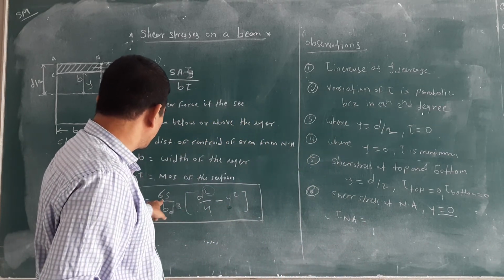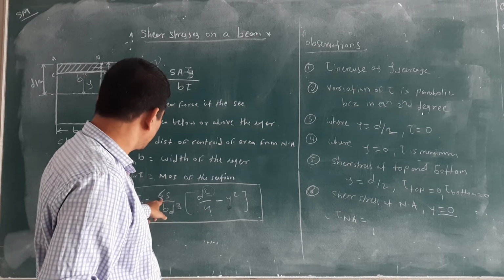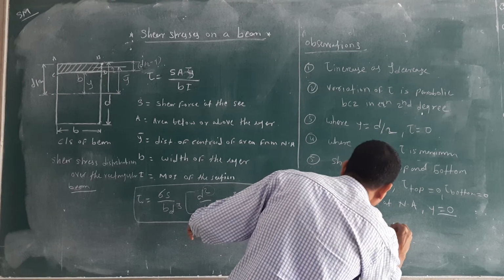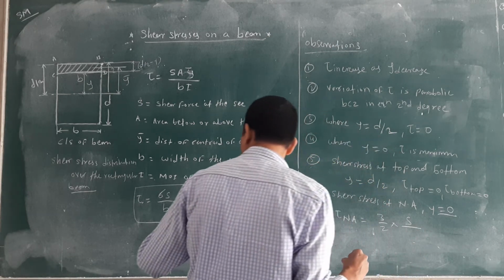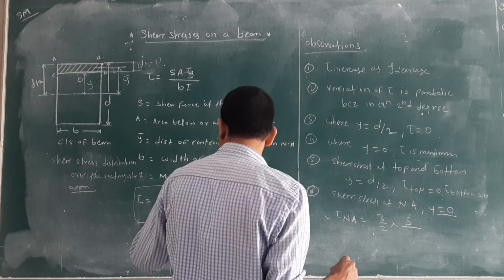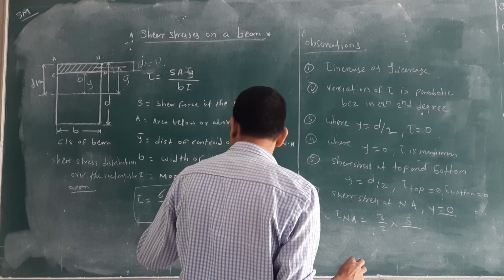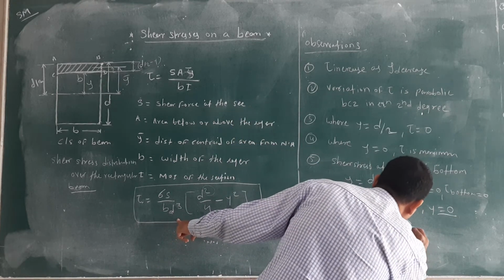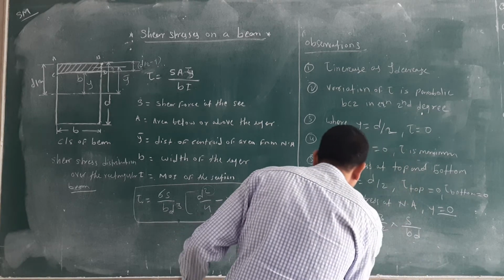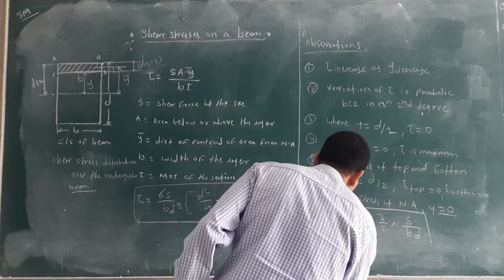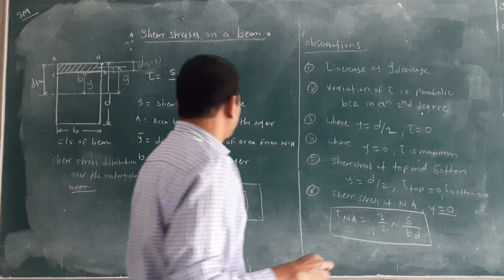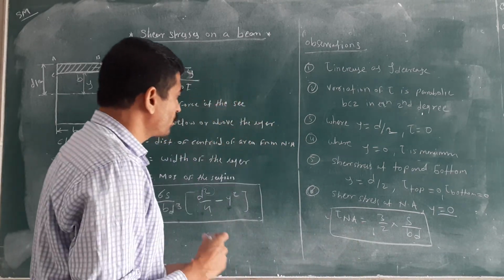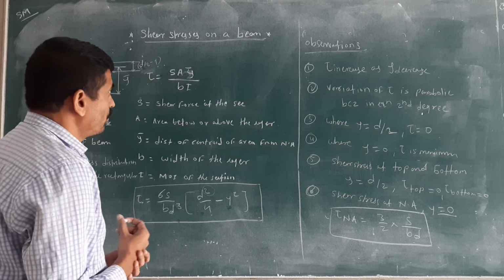Then you will get 3 by 2 into S, and d square and d cube, d square gets cancelled, you will get only bd. Tau NA is equal to 3 by 2 into S by bd. You will get the new relation.